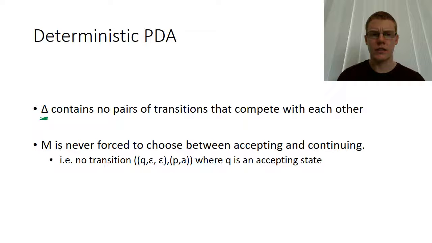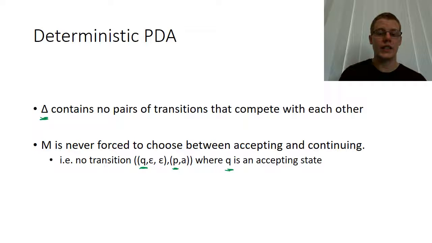The second characteristic of a deterministic pushdown automaton is that the machine is never forced to choose between accepting and moving on to another state. That is, we don't have any transitions where we can move from that accepting state, q, into another state without consuming any input from the string or taking anything off the stack, and where we add something back onto the stack.